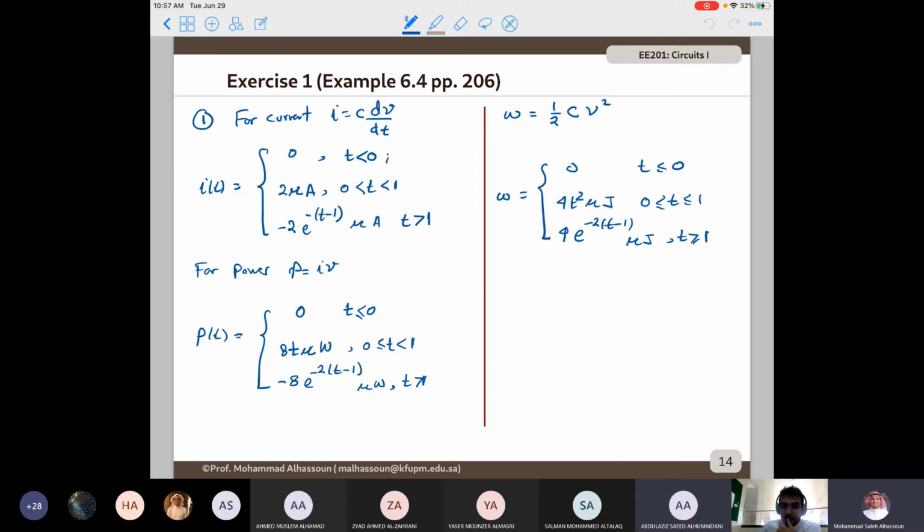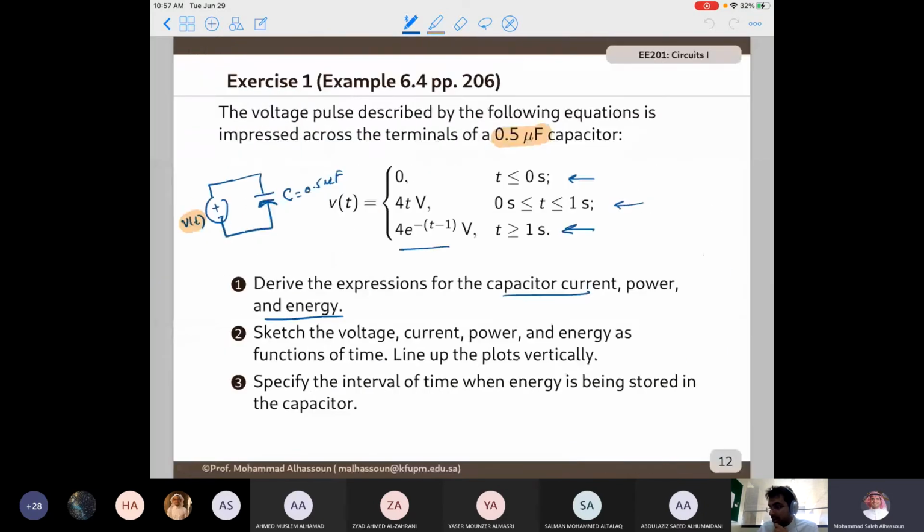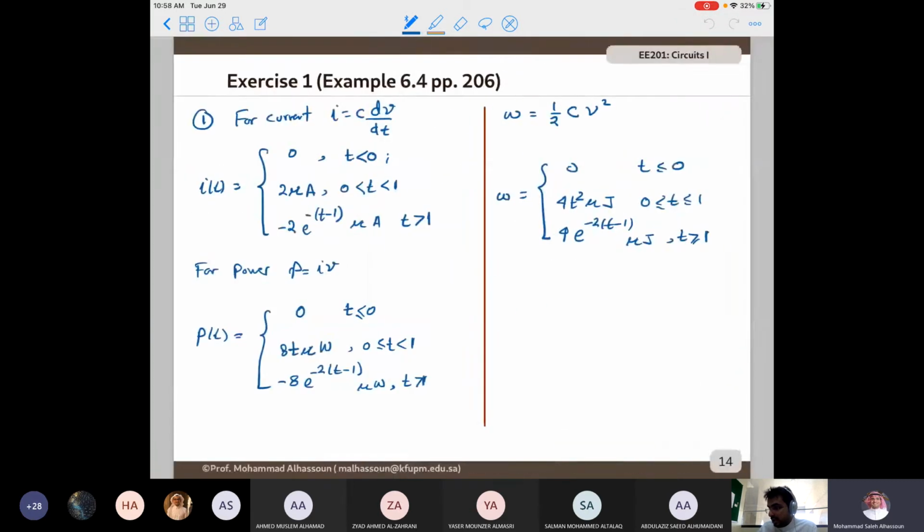In this case it has to be, because we are connecting with a voltage source, so the current has to die. But you need to actually calculate it to make sure, because in some situations the energy will be saturated. You'll have constant energy, and this is what will happen in the next example.